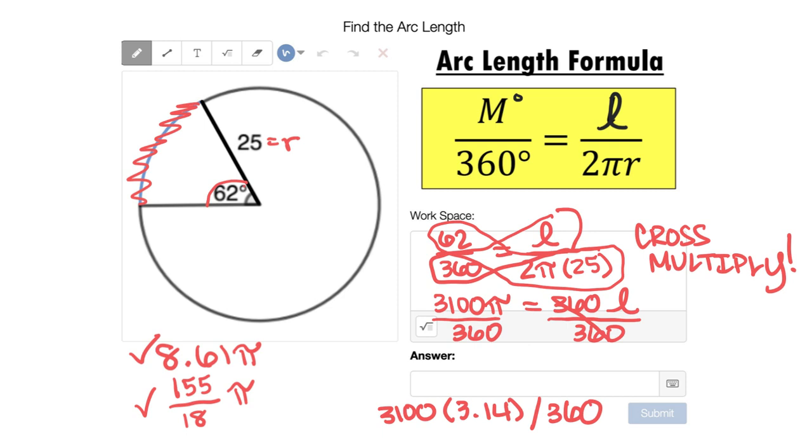And when you do that, you get 27.03888888, so 27.04. Okay, I would be pretty lenient with my rounding, so that would be your answer. That is the arc length. So the arc was 62 degrees out of the full 360. It's 27.04 out of the full 50 pi or whatever.